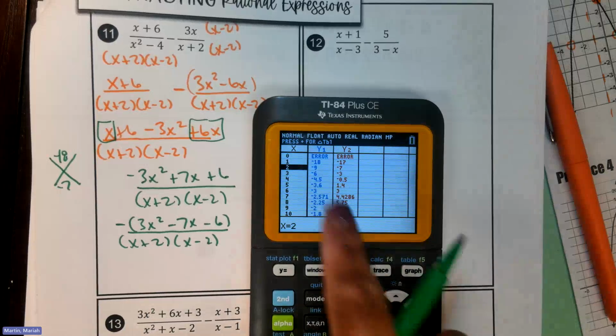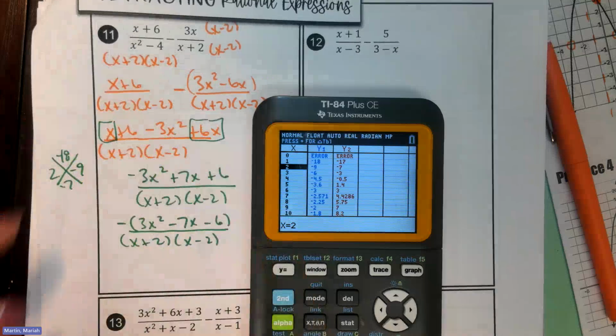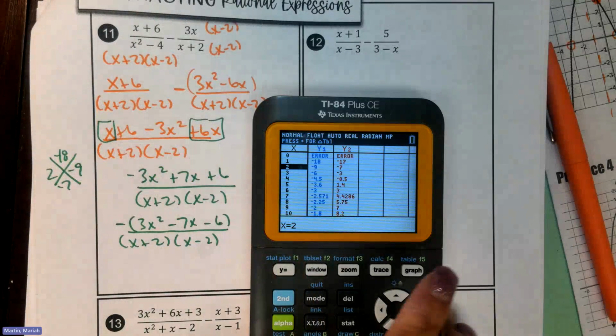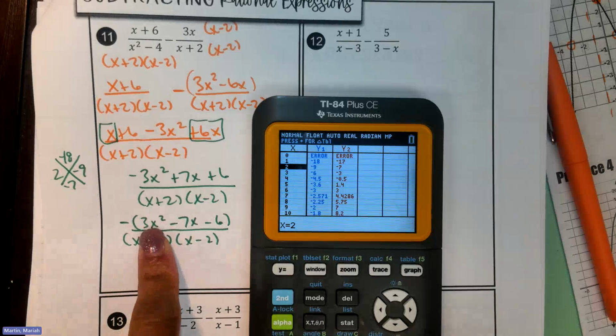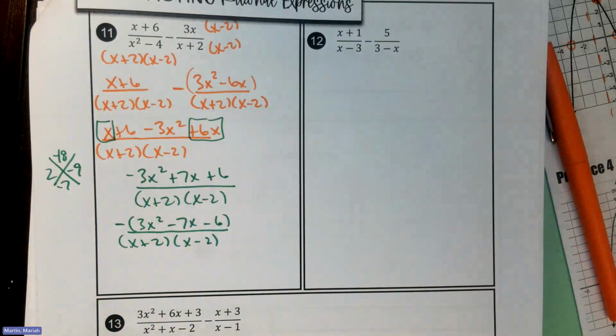Looking for negative 7, and I have 2 and negative 9. Now I'm going to draw my box, and I have to draw the box because my a is greater than 1, so I must draw the box for this next part.